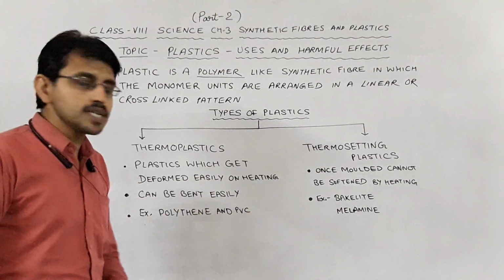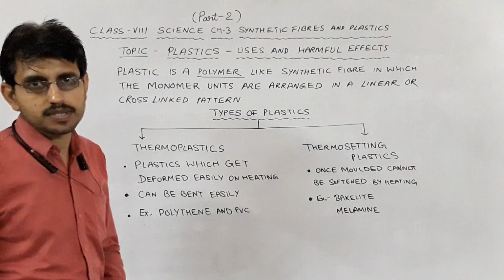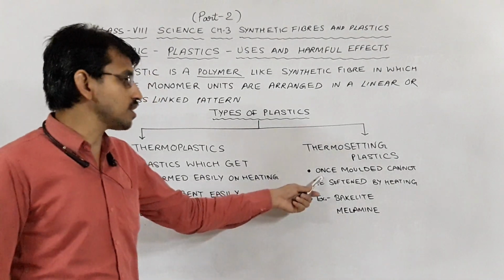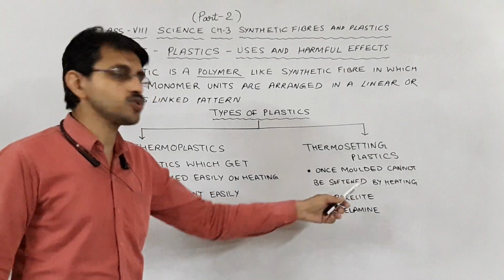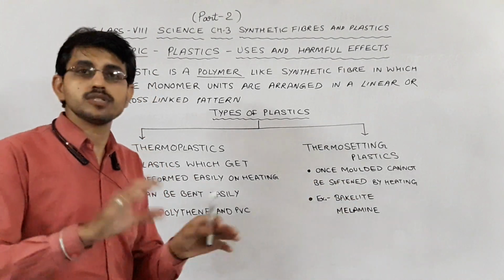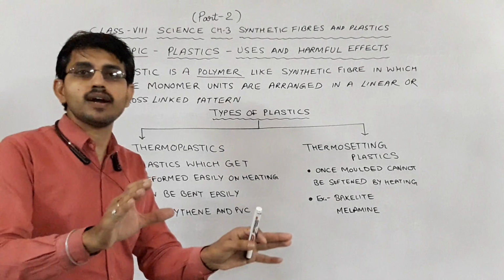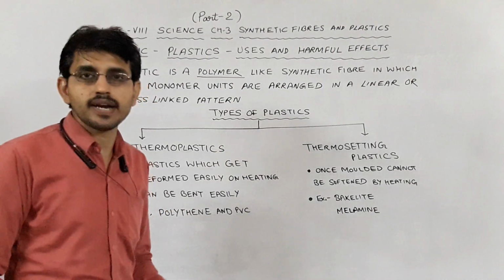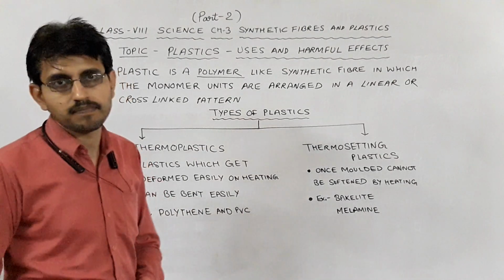The other type of plastics are thermosetting plastics. Thermosetting plastics are those plastics which, once molded, cannot be softened by heating. It means once you have molded them and they have acquired a permanent shape, then it is not possible to soften them by heating and to mold them again.